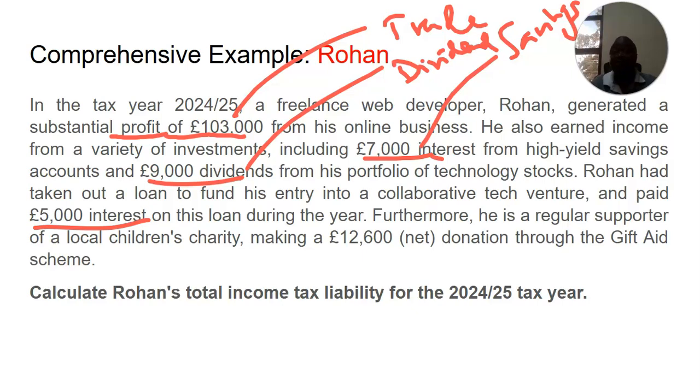It is not going to reduce the savings income. That's where students make it wrong. Because if you do not treat your figures right, you are going to end up in trouble. Then we're also told that there is a gift aid activity that took place. So we now have these things in mind and we are ready to roll.